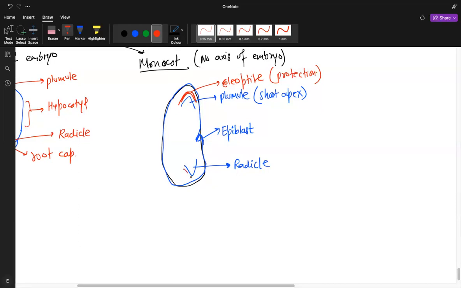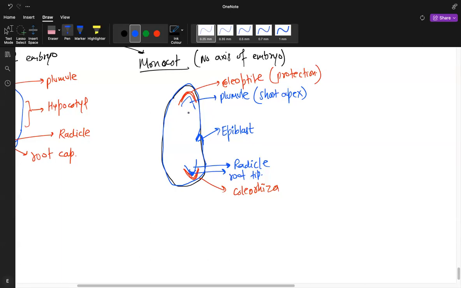Similarly, for the radicle, we have a protective covering called the coleorhiza. Between the radicle and coleorhiza, let's make a tip here, this dark thing. You have the root tip. There is no such axis, I'm just drawing it for the sake of drawing.